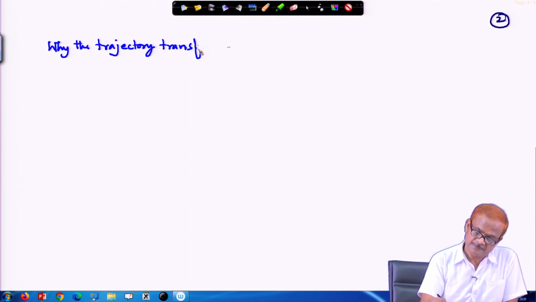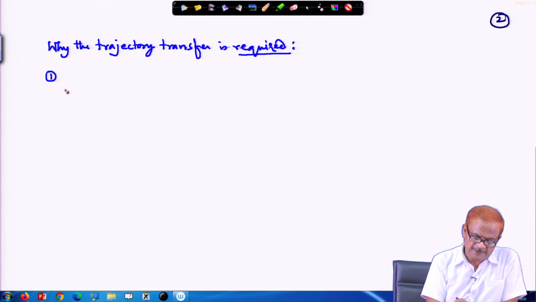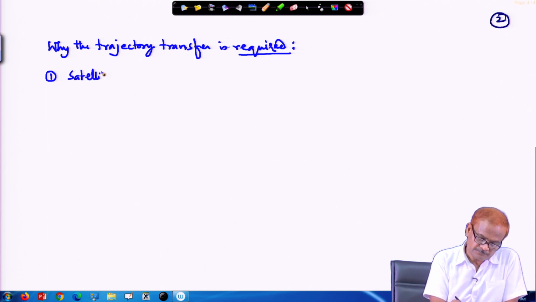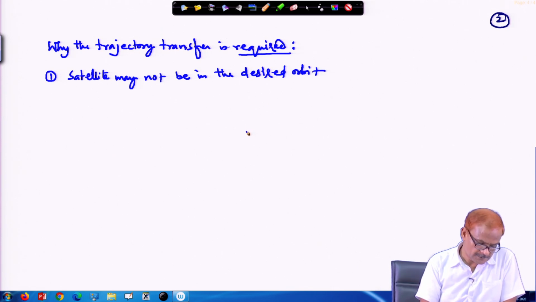Trajectory transfer is required. Why is the trajectory transfer required? The reason can be that the orbit in which you have launched is not the desired orbit. So the satellite may not be in the desired orbit, and it requires a maneuver.